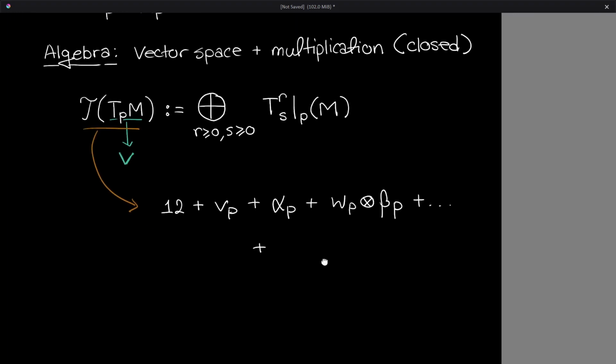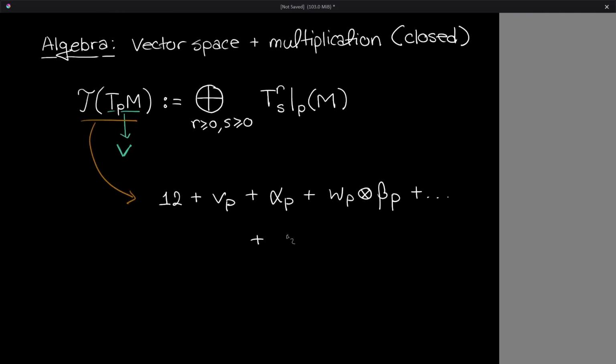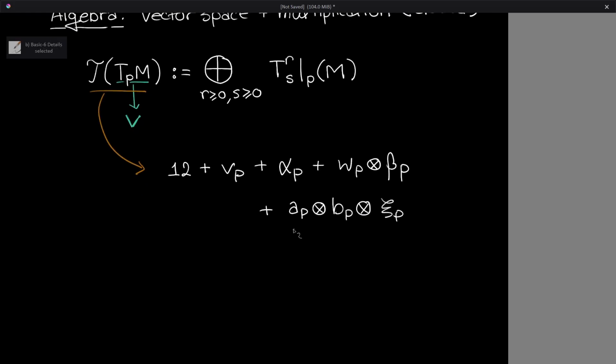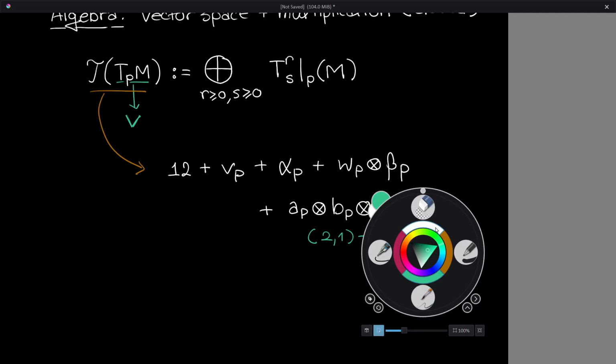You could have other types of elements. You could have something like AP tensor BP tensor xi P. Let's say maybe there isn't anything in the middle, that's fine too. This would be a 2, 1 tensor, right? So these are the kind of elements you would get here.